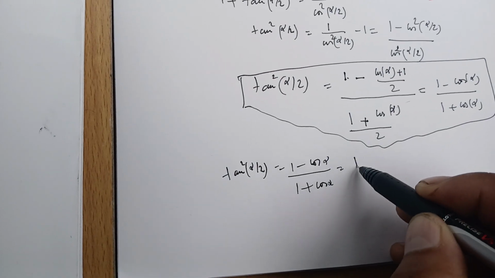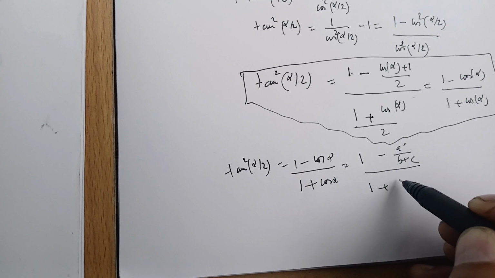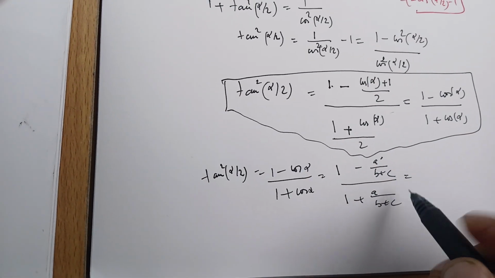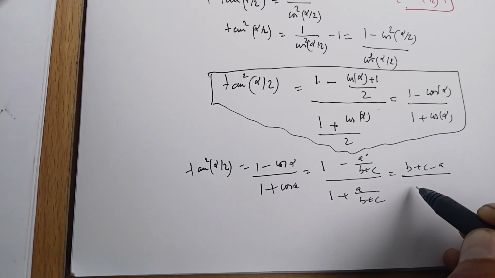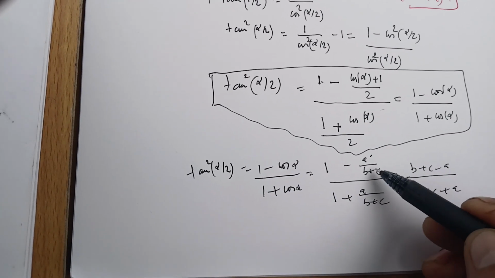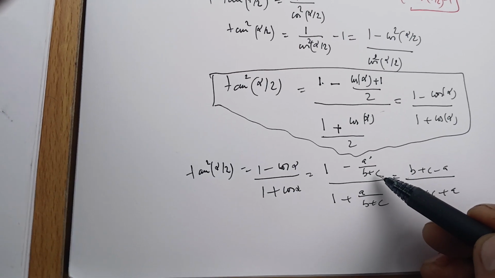So this is 1 minus a over b plus c over 1 plus a over b plus c. If I do the simplification, I get b plus c minus a over b plus c plus a after simplification from top and bottom by b plus c.